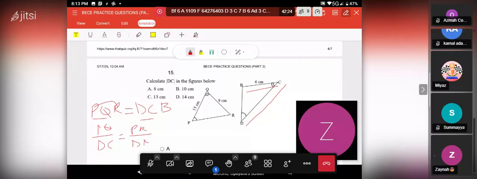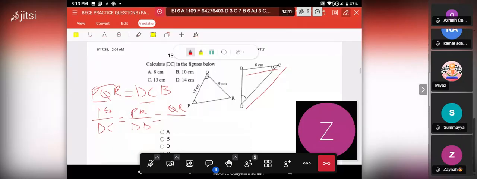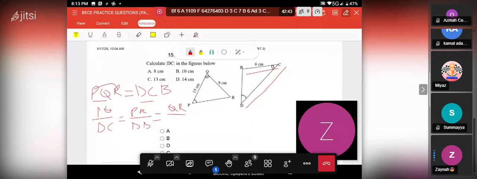Then we have one more side, since a triangle has three sides: QR over CB. Here QR is what? QR is over CB, thank you, over DB.